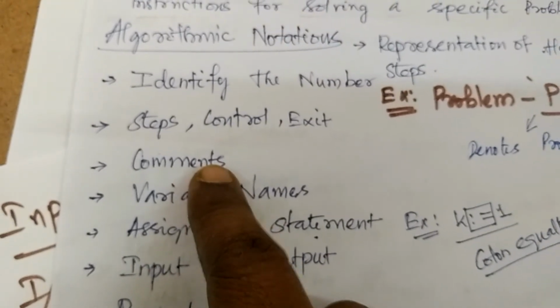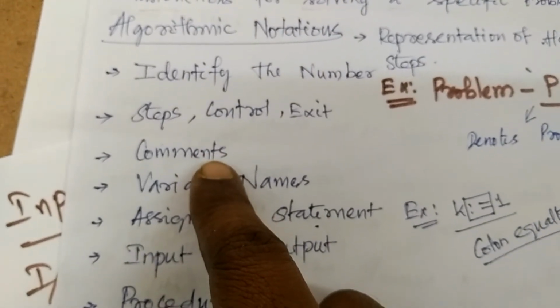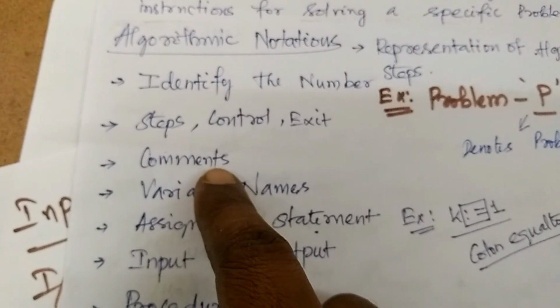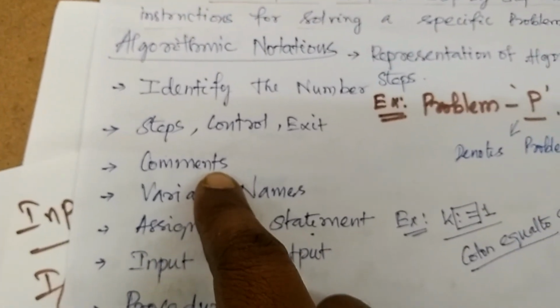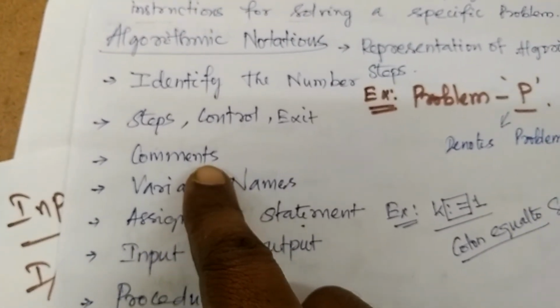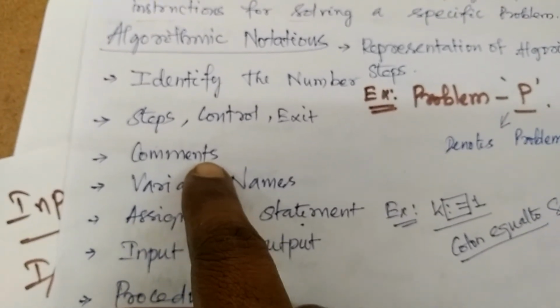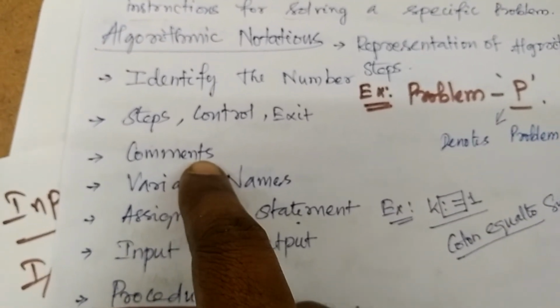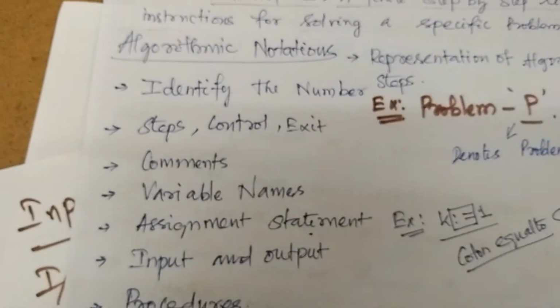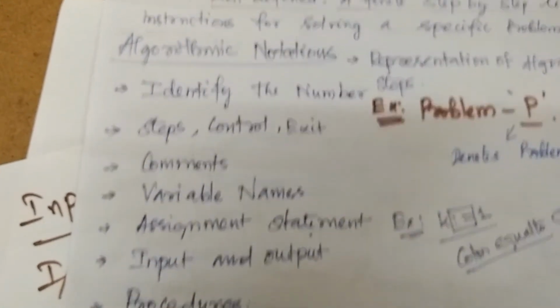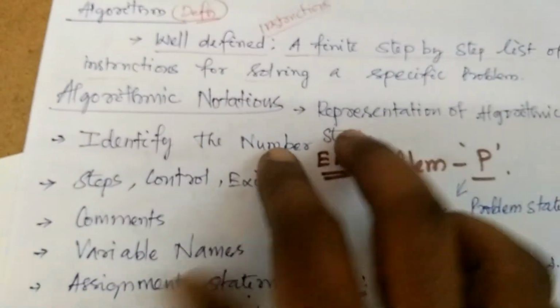In a programming language, comments are the non-executable code, while commands are well-defined executable instructions. Commands mean you execute, process, initialize, compute, update, add. These are all the commands.